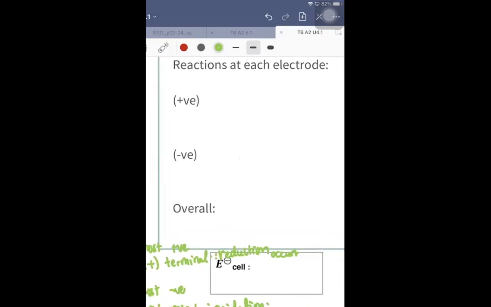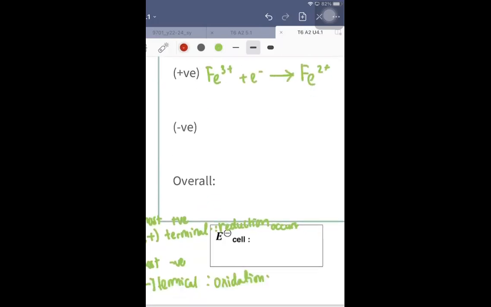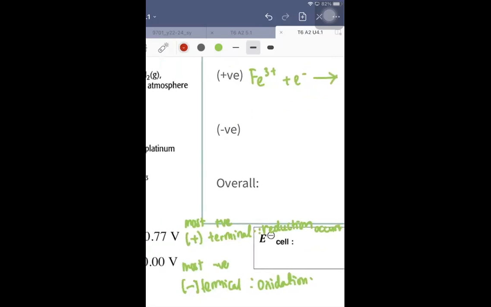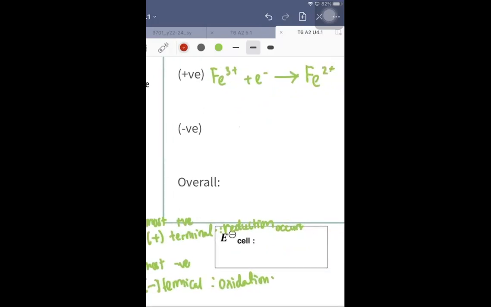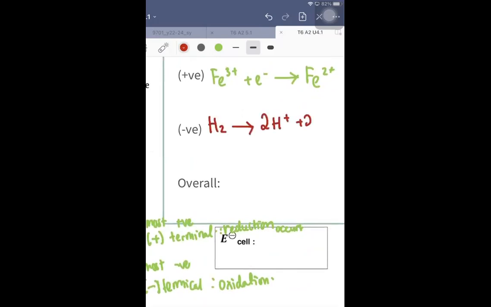So the equation is Fe3+ plus electron to form Fe2+. Whereas at the negative terminal, which is your standard hydrogen electrode, the reverse is happening. Oxidation is happening. So oxidation is H2 to form 2H+ plus 2 electrons.